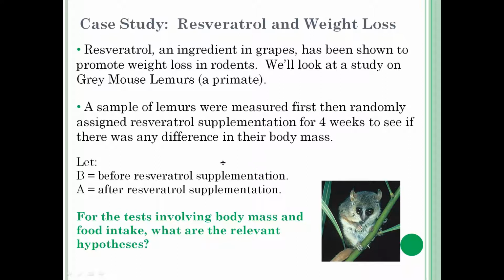So to write the hypothesis, you have the null, the mu B, which is the body mass mean before resveratrol supplementation, is equal to the mean after. And this is as usual in the null, we use the equal sign. The alternative, we're trying to prove that they actually lost weight, so their mass before is larger than their mass after.